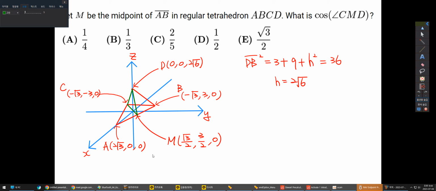How about DM and MC? DM squared is... how about MC squared?